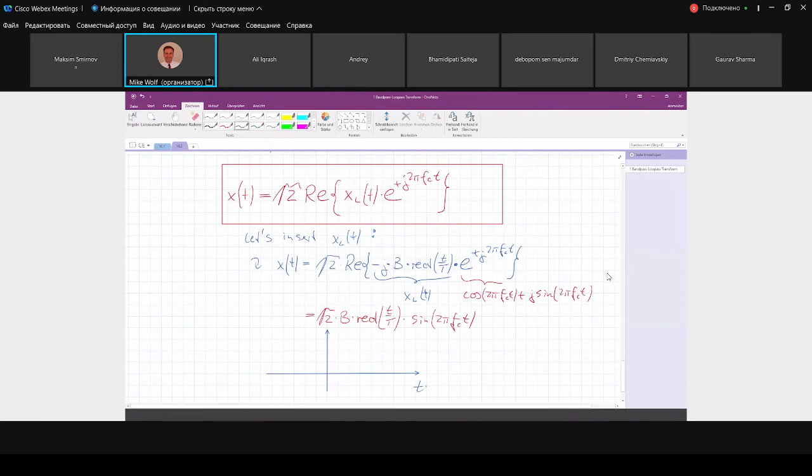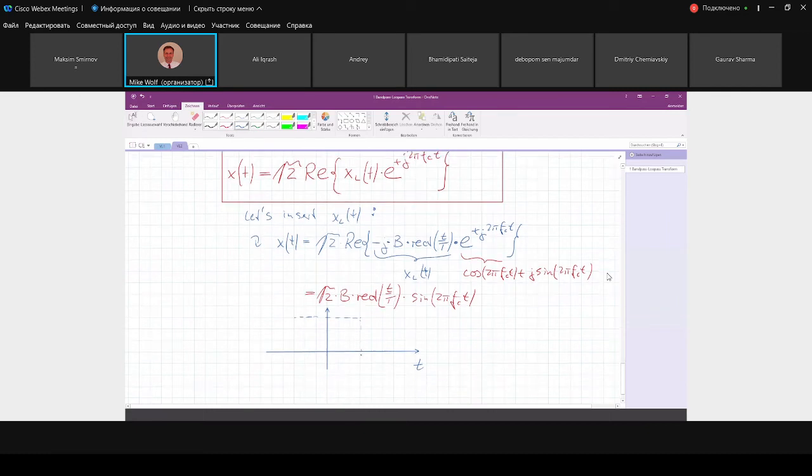We have a rectangular pulse. Let's say it extends from here to here. During the duration of this rectangular pulse, the signal is switched on. Otherwise, it's switched off. So here we have an amplitude which is square root of 2 times b. Why? For same energy, but now the signal oscillates. Then we have a sine, and this looks like this.